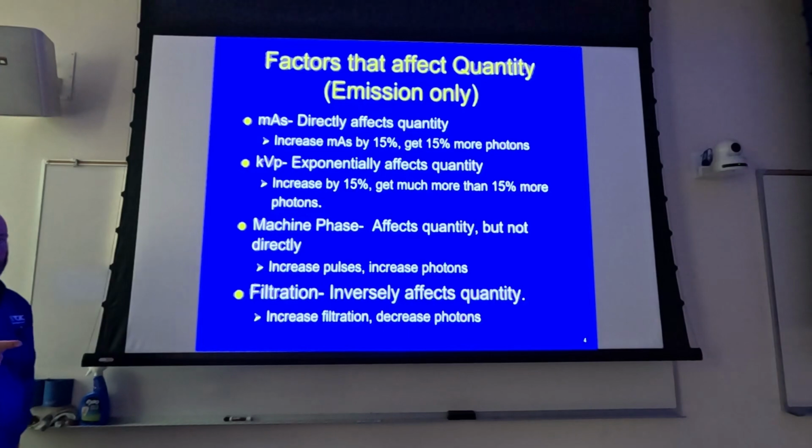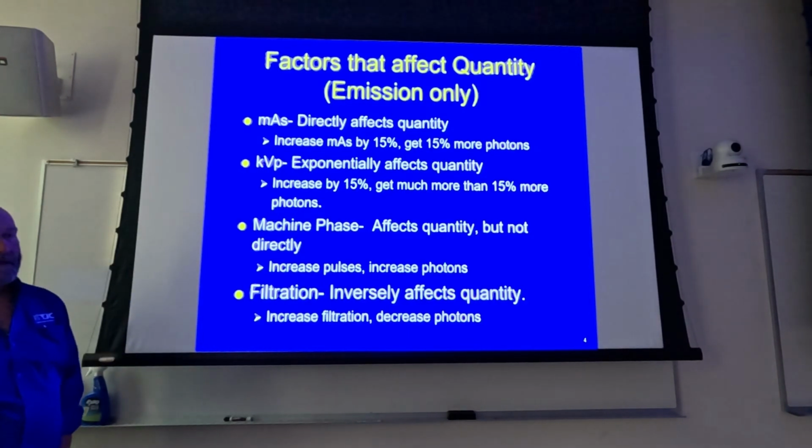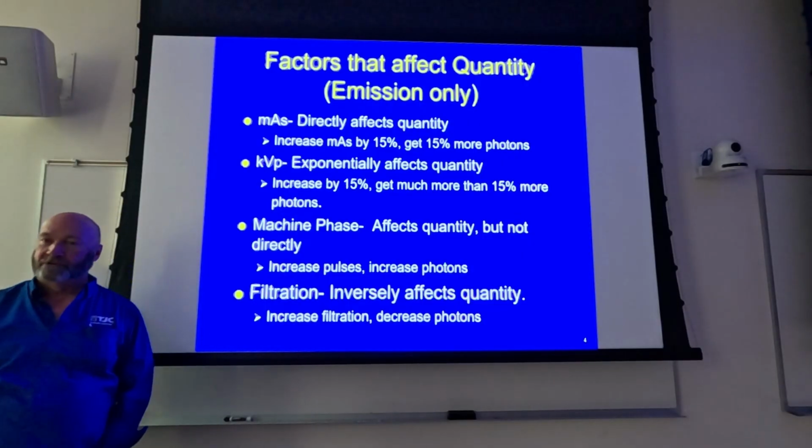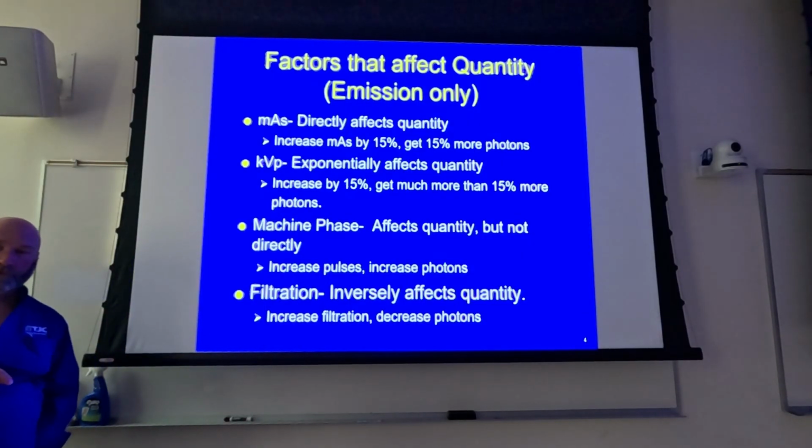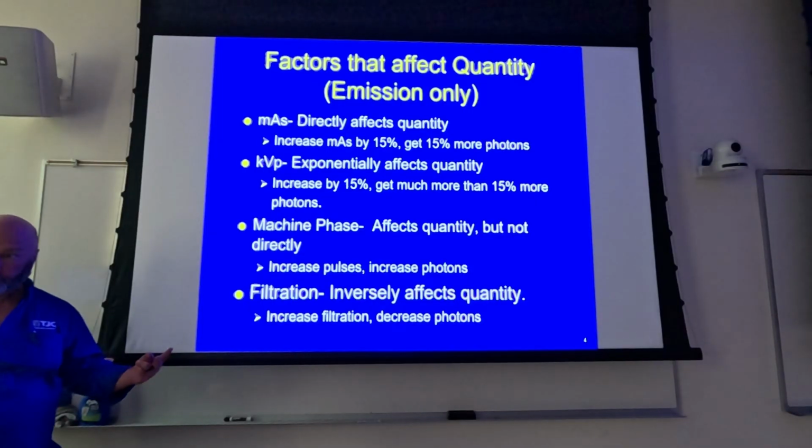Okay, so kVp is exponential. It's direct and it's exponential. So the reason I went through all that little exercise is that a 15% change in kVp equals a doubling of mass, right? So it's exponential, where with mass, you increase your mass by a factor of 2, you get an increase in the image receptor by a factor of 2.